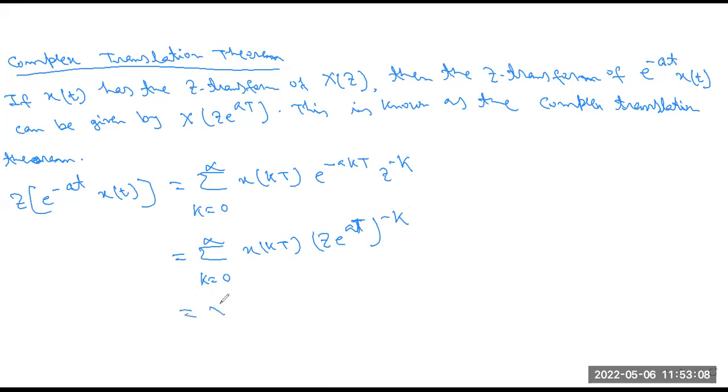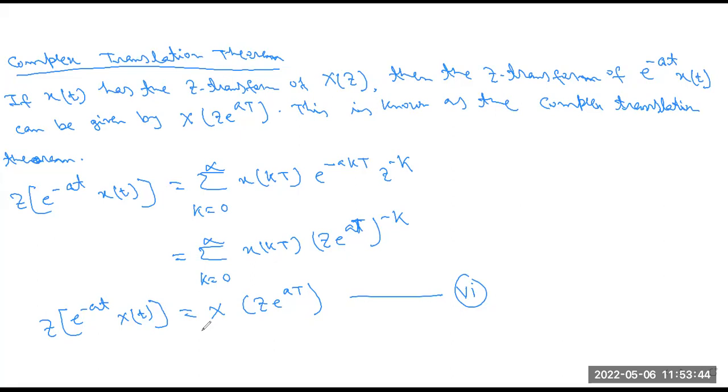And we write this equation as x of z e to the power aT. This is another function, number 5 or 6, the Z transform of e to the power at x of t. So this is basically the mathematical form of the complex translation theorem.